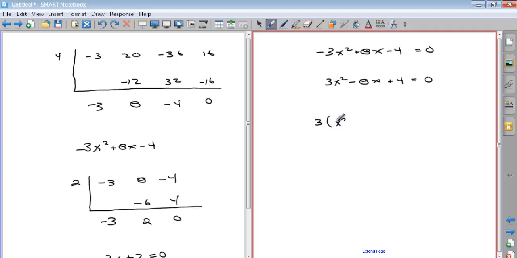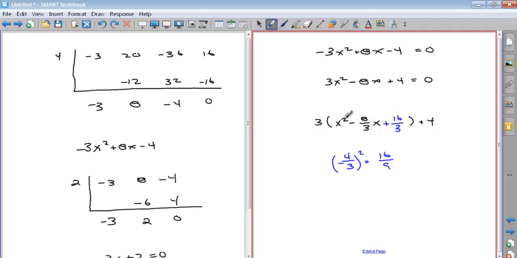So you get 3 times x squared minus 8 thirds x. And then you'd add your 4. So if you take half of 8 thirds, you get 4 thirds. You square that, so you'll get 16 ninths. So we add 16 ninths here.